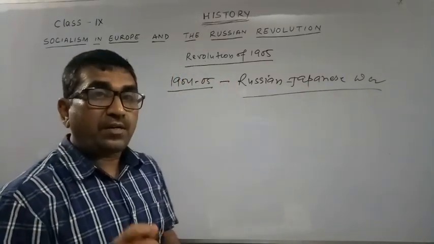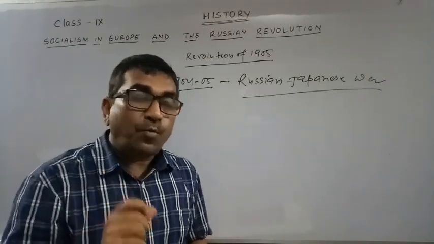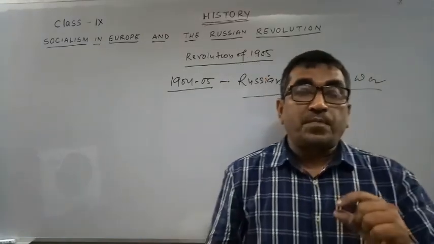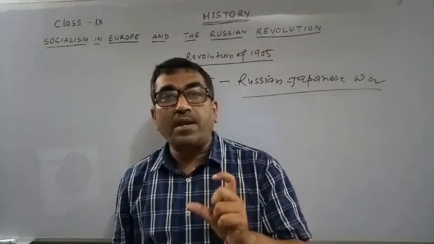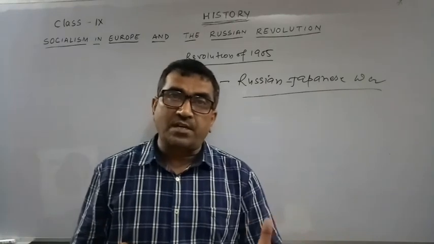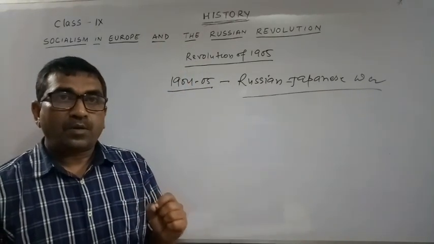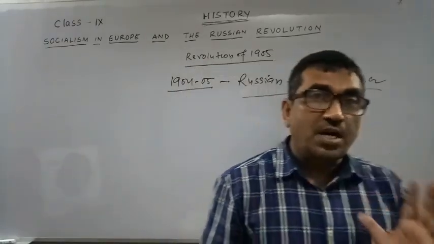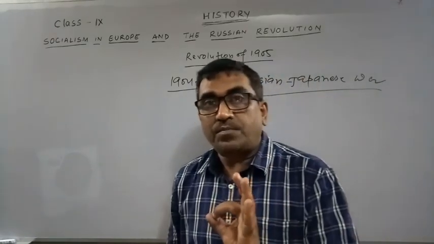This war was initially supported by the Russian people because Japan had declared the war without giving prior warning or notice, and they had attacked Port Arthur. So enthusiastically the Russians were supporting the Tsar to go to war against Japan.